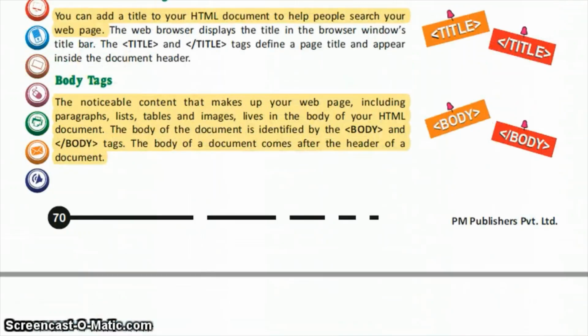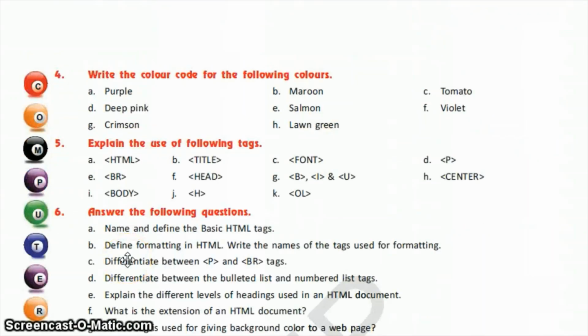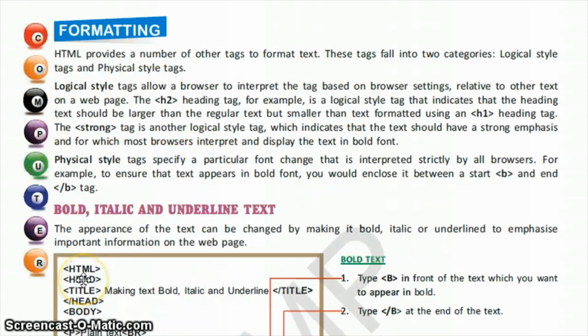Now the next question, number 2, is define formatting in HTML. Write the name of tags used for formatting. So we have to move to page number 84 and we know what is formatting. Formatting refers to the appearance or presentation of something.